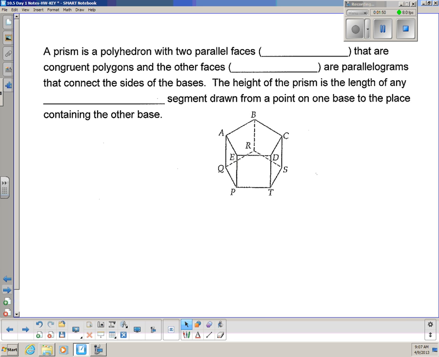If we talk about a prism specifically, a prism is a polyhedron that has 2 parallel faces. The 2 parallel faces, which are called the bases, are congruent polygons, and the other faces we call lateral faces. So if you take a look at what we have right now, we have a pentagonal prism.